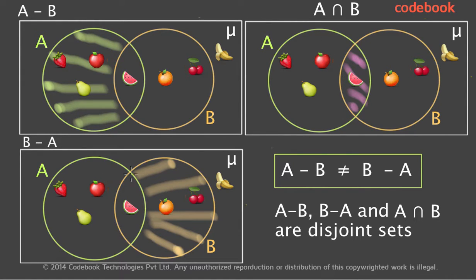So over here we have three sets which do not have any element in common. So A minus B, B minus A and A intersection B are disjoint sets. And also as you observe, the green area and orange area are not the same. So A minus B is not equal to B minus A.